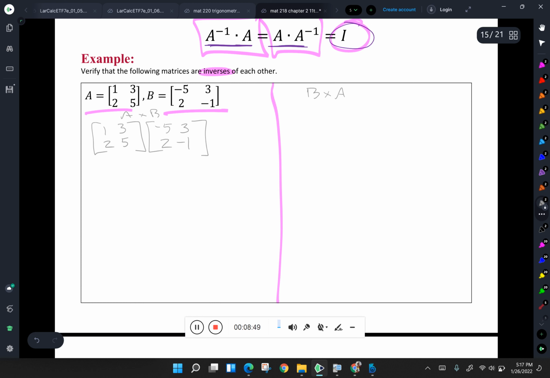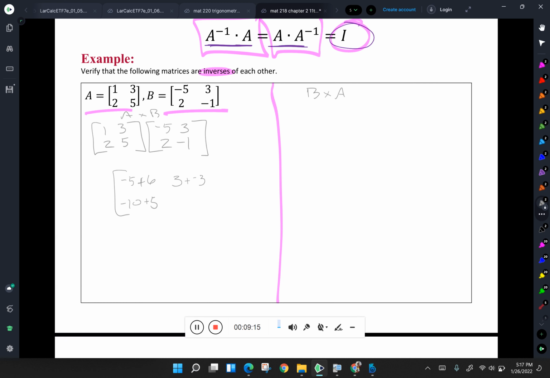Okay? So let's see. 1 times -5 is -5, plus 3 times 2 is 6. First row, second column. 1 times 3 is 3, plus 3 times -1 is a -3. Second row, first column. 2 times -5 is -10. 5 times 2 is 10.